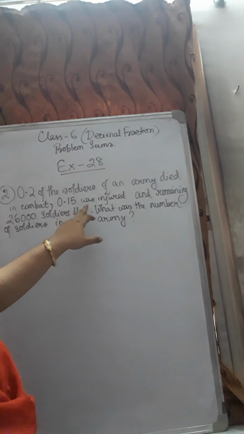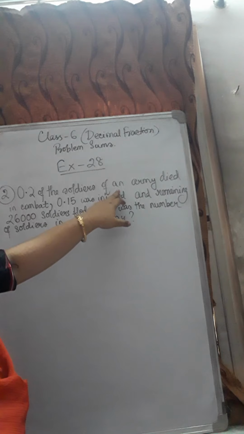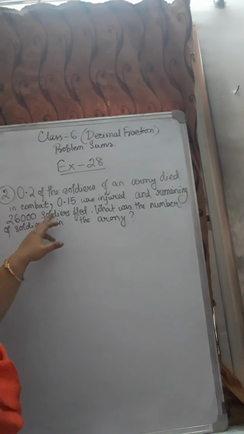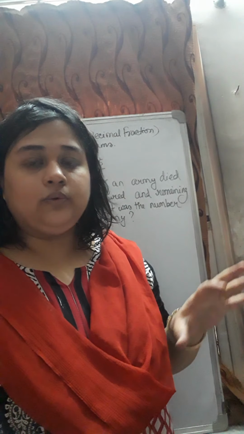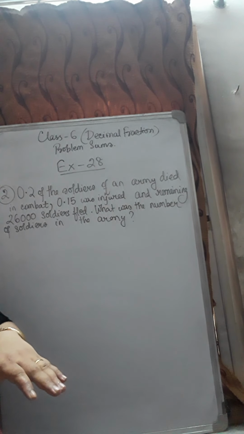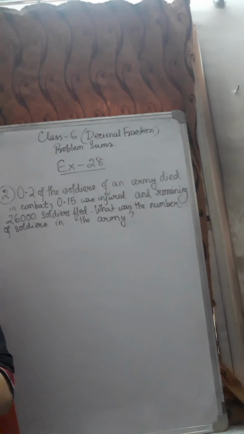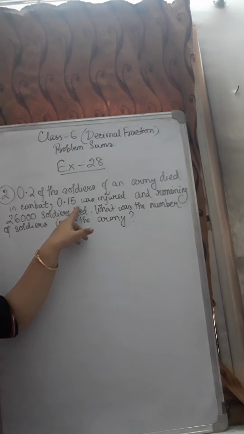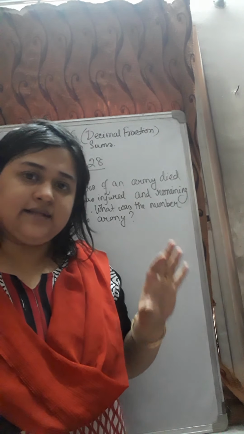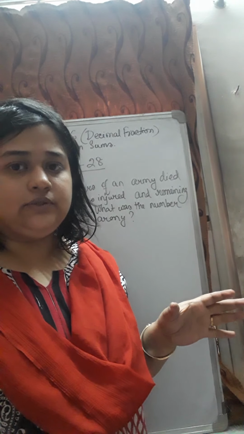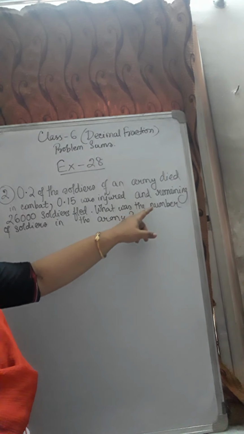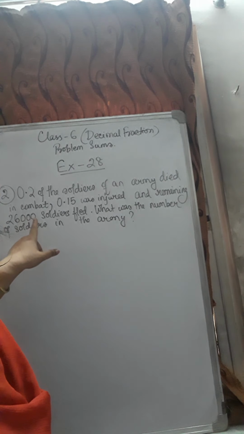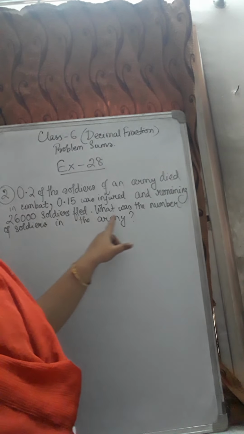0.2 of the soldiers of an army died in a combat. So there was a battle. So in the battle, 0.2 of the army have died. 0.15 was injured, and the remaining 26,000 soldiers fled.